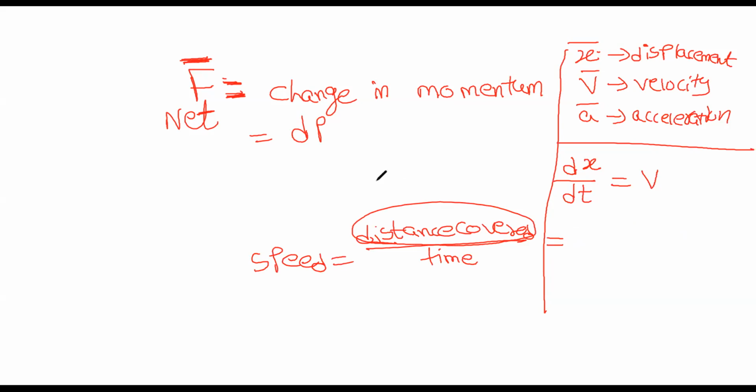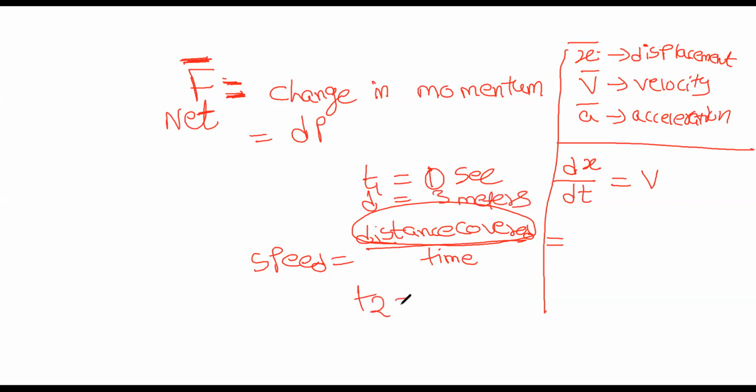Otherwise, if they give at time t1, let us suppose at 0 seconds, the position of it. We are talking about the positions, not the displacements. Okay, 3 meters.